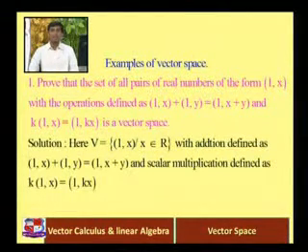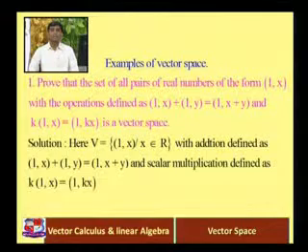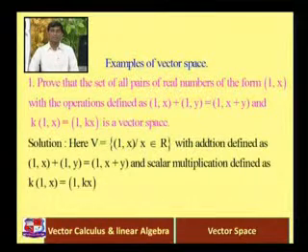So what is our set? Set-theoretically we can write V is equal to the set of (1, x) where the first coordinate is 1 and the second coordinate is any real number.